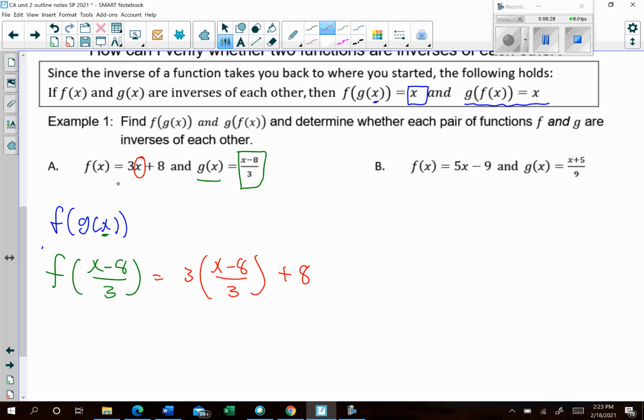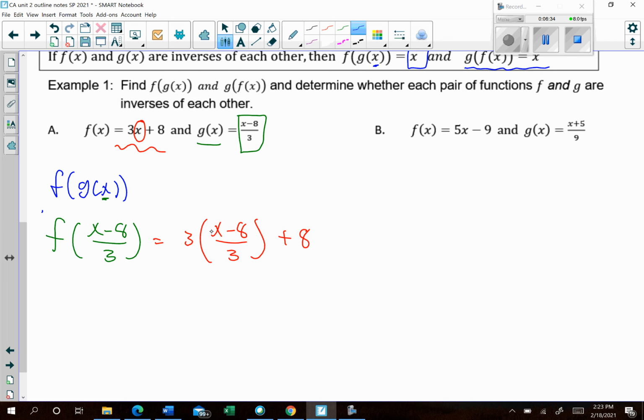When I simplify this, you'll see that the 3's cancel out, and that'll leave me with x minus 8, and then I still have the plus 8. The 8's cancel out, and that leaves me with just an x. And so I verified that when I stuff one into the other, it simplifies into x.